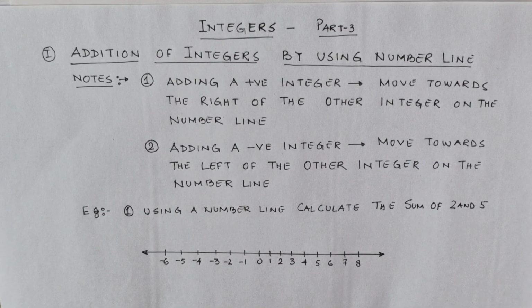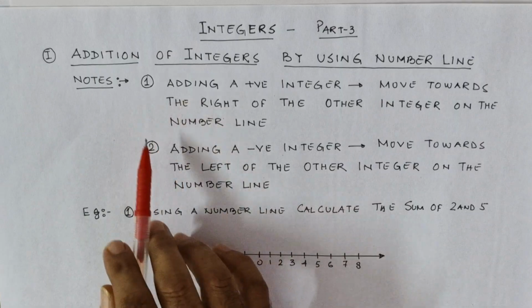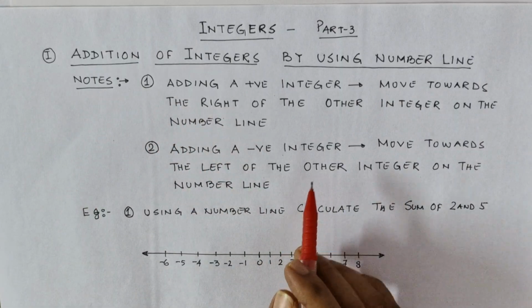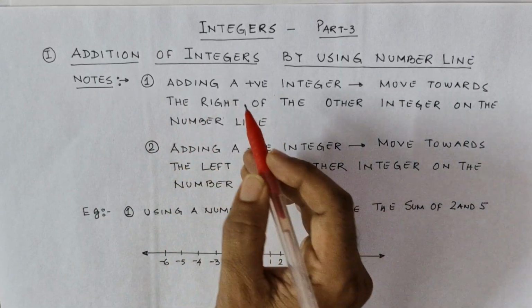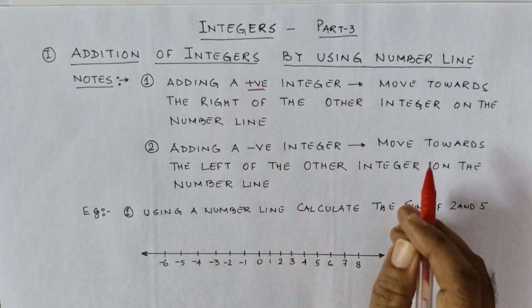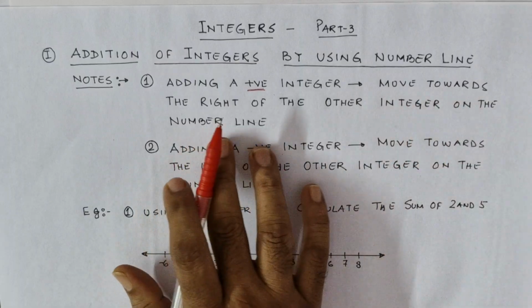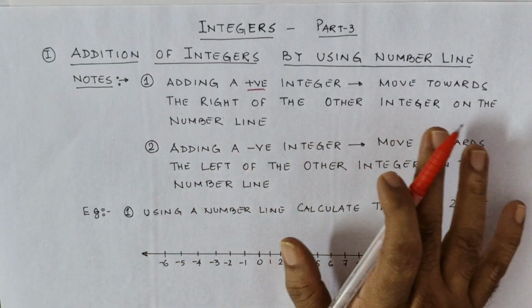Now see, in addition of integers by using a number line, you have to remember 2 points. I have written notes, 2 points. First of all, if you are adding a positive integer, you move towards the right of the other integer on the number line.